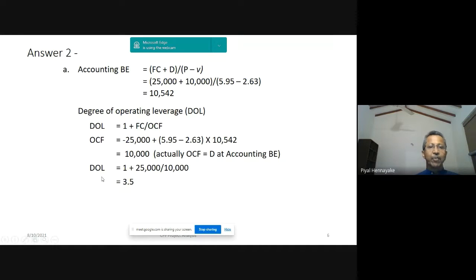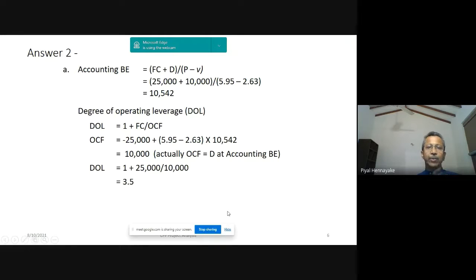So the degree of operating leverage is the percentage change in operating cash flow relative to the change in quantity sold. Right? So when the quantity sold increases by 10%, the operating cash flow will increase by 35%. Right?